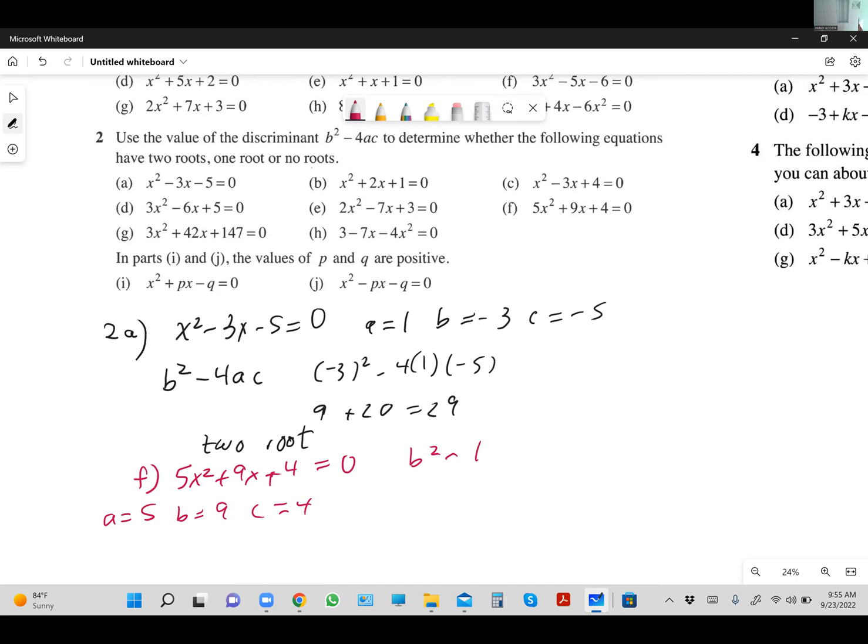B squared minus 4ac. 9 squared minus 4 times 5 times 4. 81 minus 20 times 4. 20 times 4 is 80. That still is 1. So we have how many roots? 2 roots. But if I would have gotten 0, I would have had 1 root. And I would have gotten a negative. I would have had no roots because it would have been a complex solution.